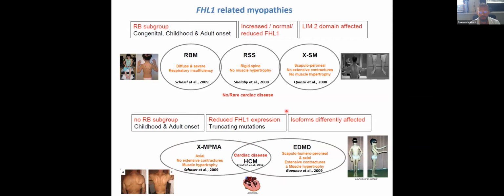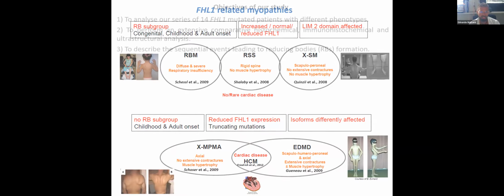The difference that has been hypothesized is that in the forms associated with reducing bodies we have increased or normal or reduced FHL1, while constantly in the forms that include cardiac disease we have reduced FHL1 expression.